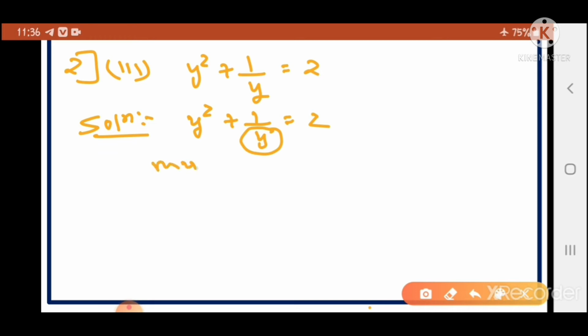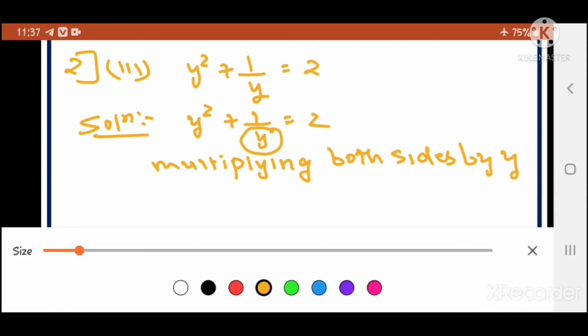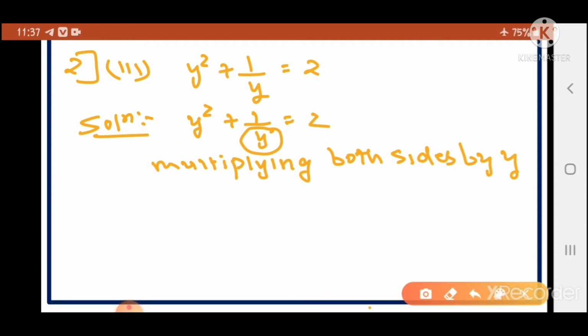So multiplying both sides by y. If I multiply both sides by y, what will I get? y into y square plus y into 1 upon y equal to 2 into y, right?